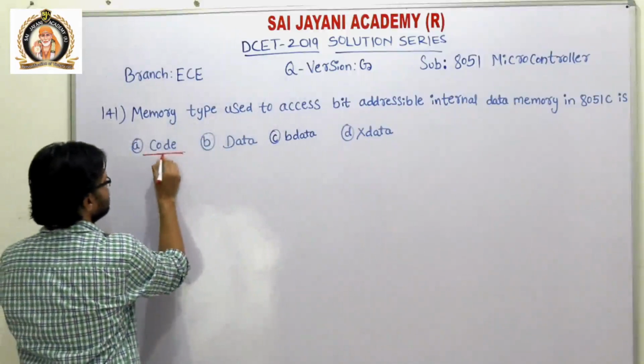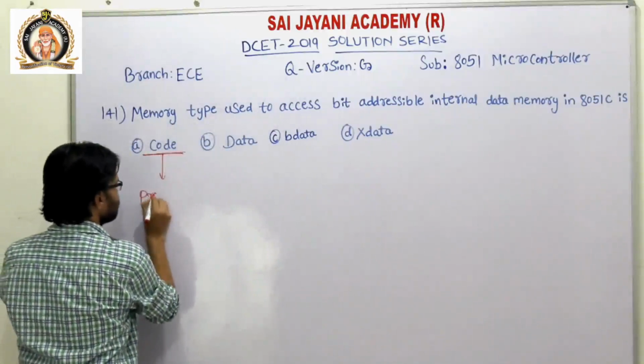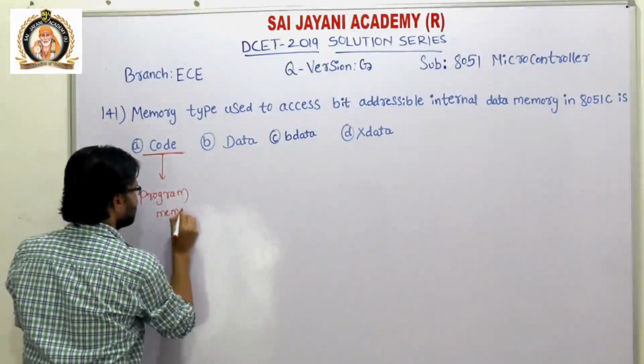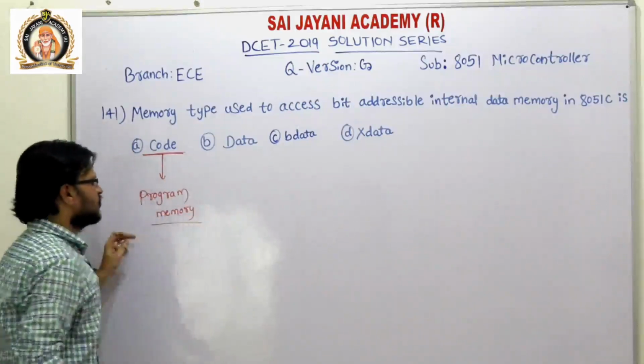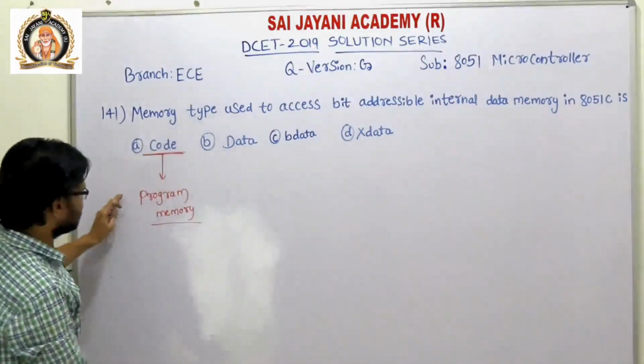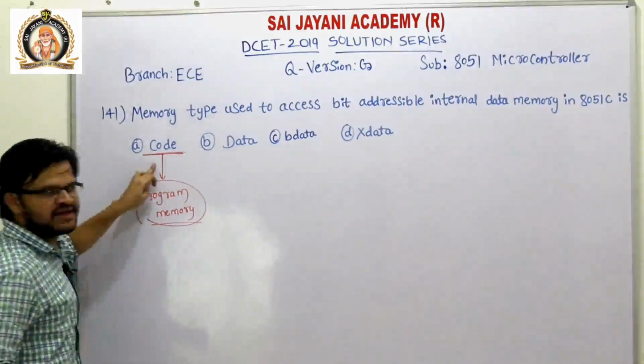This code area is mainly used for the program memory. The 8051 accesses the program memory by using the code area.